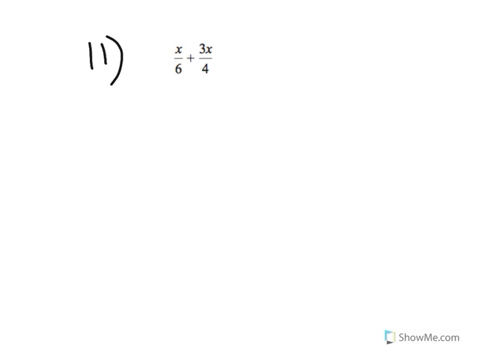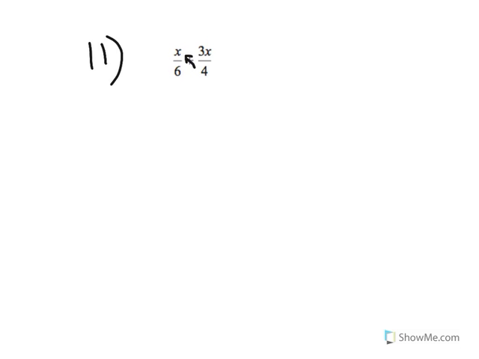Okay, question 11 is really simple. They're asking you to simplify this fully. In order to simplify, we can't just add these two fractions because they don't have the same common denominator. To get a lowest common denominator, we're going to cross multiply.